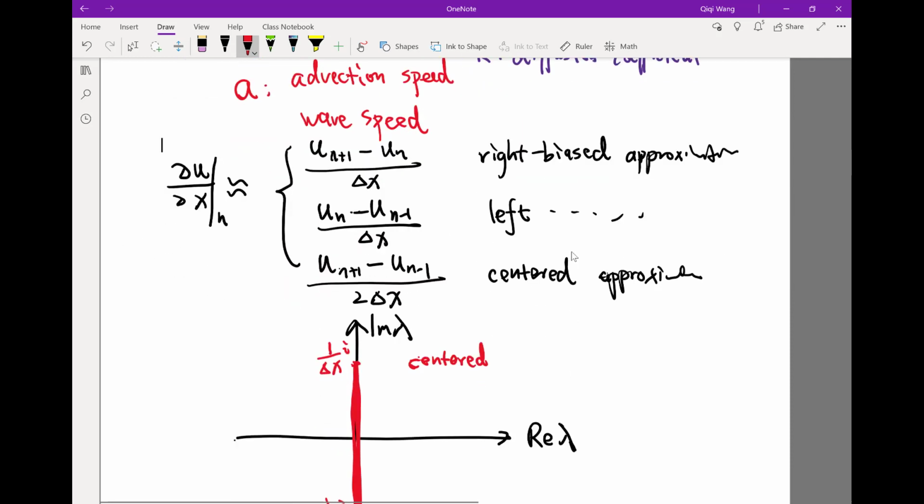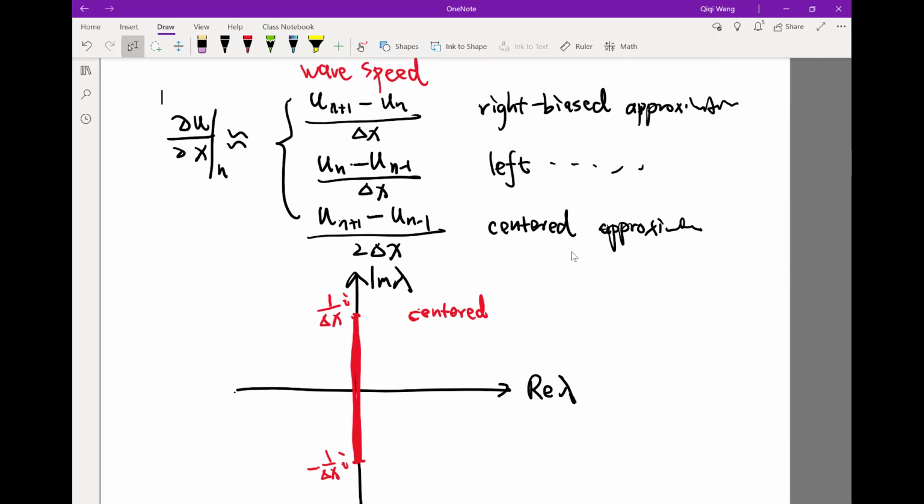And for that to be stable, my right biased approximation has to have eigenvalues lying over here, right? So this is the right biased scheme, and it's centered at minus 1 over delta x.